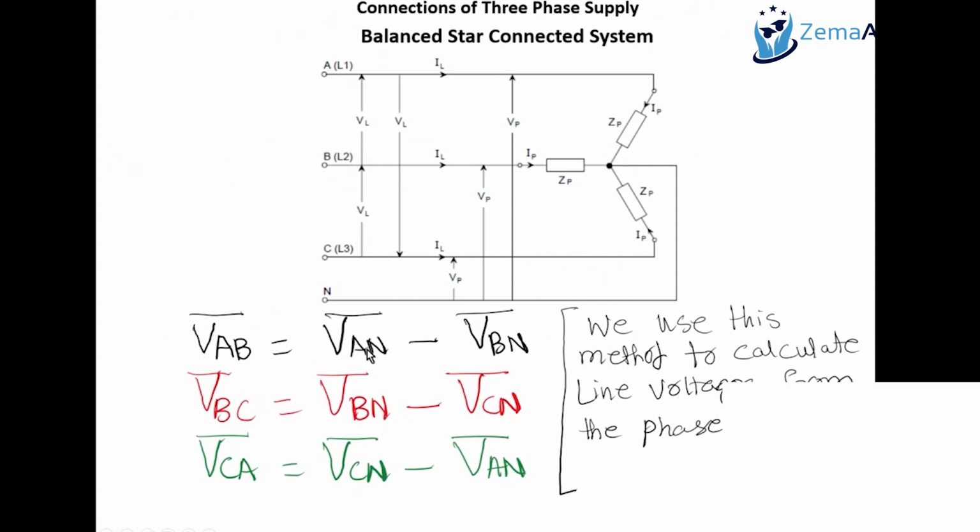VAB equals VAN minus VBN, VBC equals VBN minus VCN, VCA equals VCN minus VAN. So all we have to do is subtract the polar values in complex form. You can use the calculator, or you have to convert polar form into rectangular form to perform the subtraction.